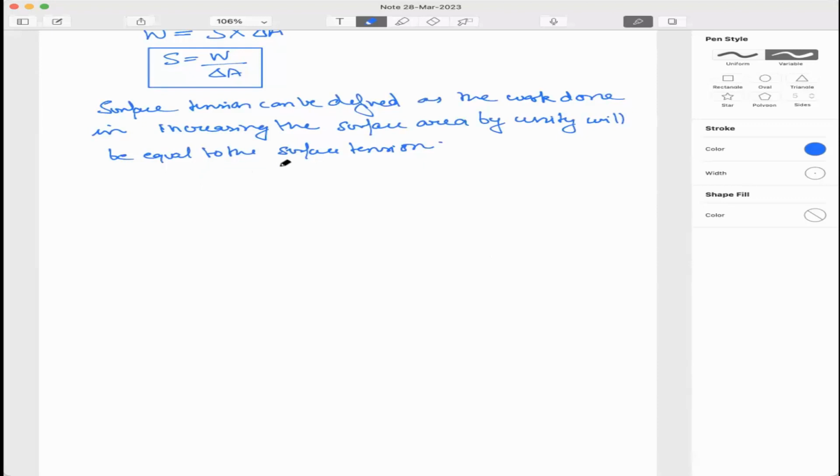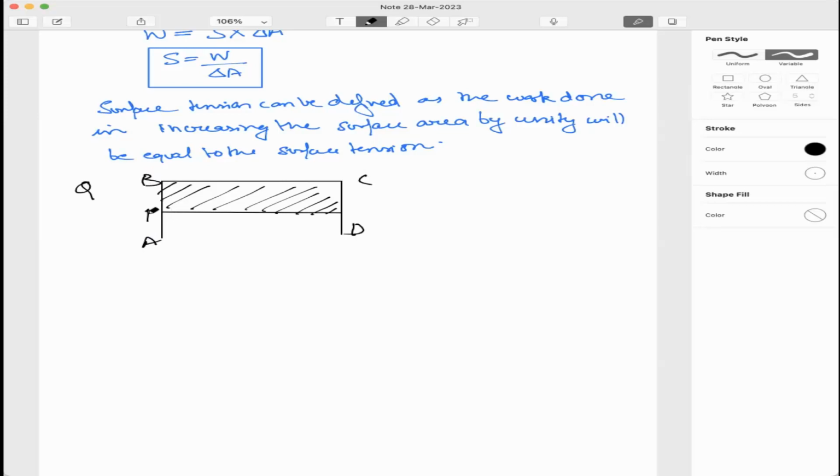So take one question related to all these concepts. We have considered this kind of soap film here, and we have this rod, that is a sliding rod. This is the film ABCD, and this is PQ that you can slide.